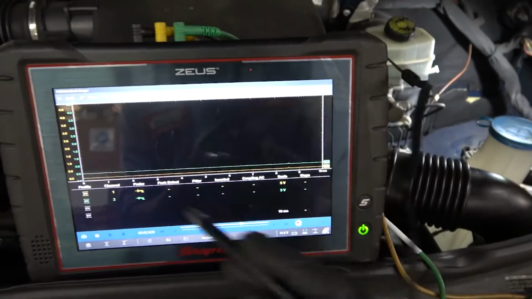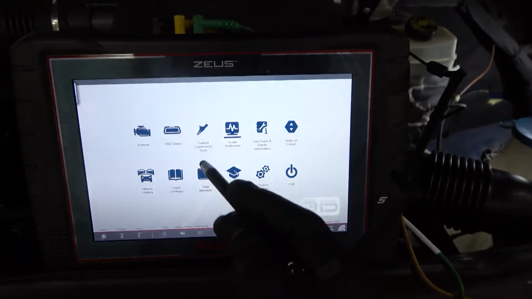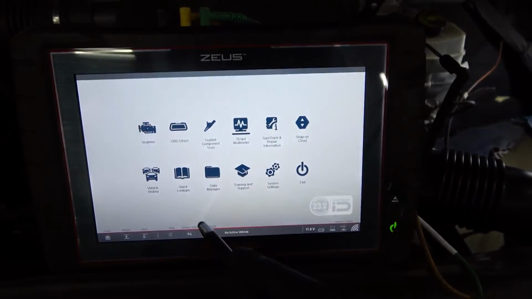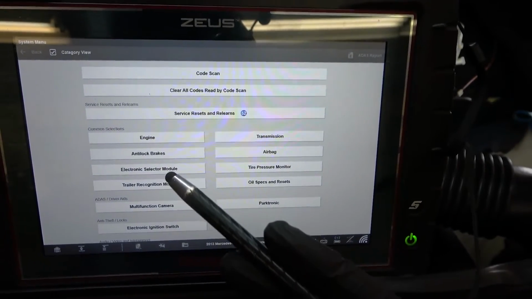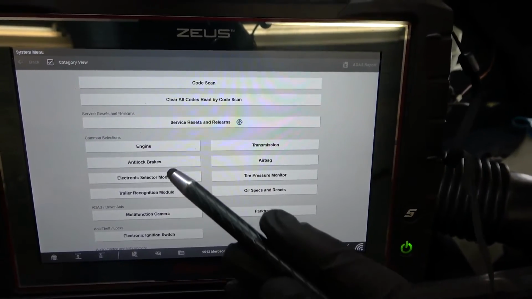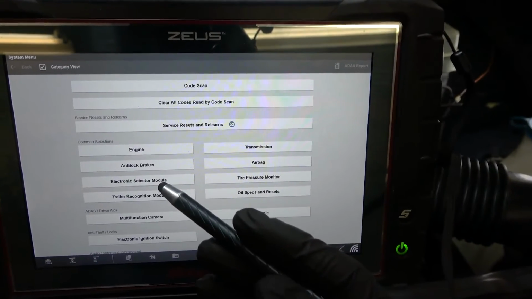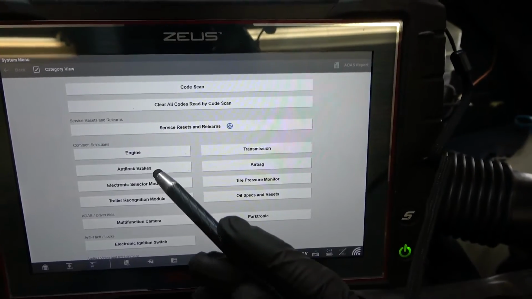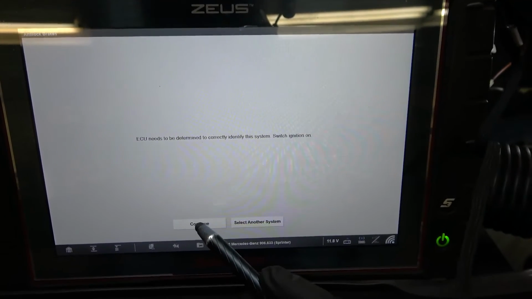My scan tool is connected to the vehicle, so we're gonna go to scanner. We're gonna go straight to the ABS control unit. Remember before we had a no com message when we were trying to talk to the ABS control unit. So let's see if we can communicate with this. So we're gonna click continue.